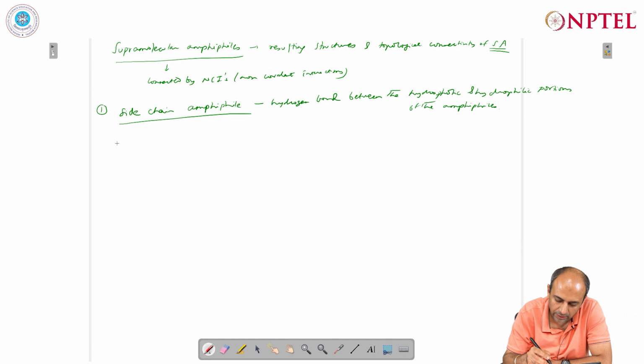So let us now consider, for example, we have got a donor here, and here we have got an acceptor.